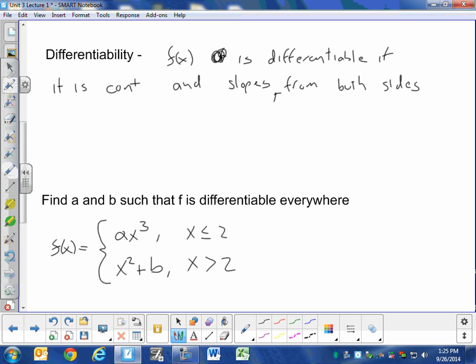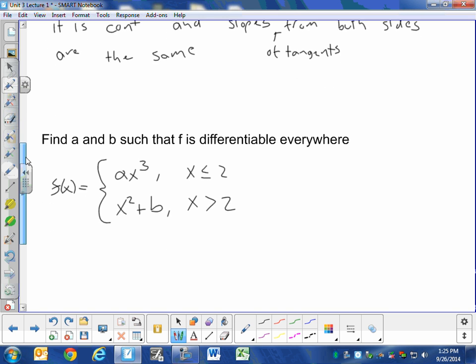Slopes of the tangents. The left-hand slopes have to equal the right-hand slopes, and we have to have continuity. This is why at sharp points, at cusps, we are not differentiable, because the slopes from the left and the slopes from the right aren't equal.